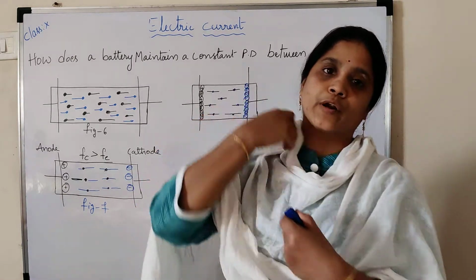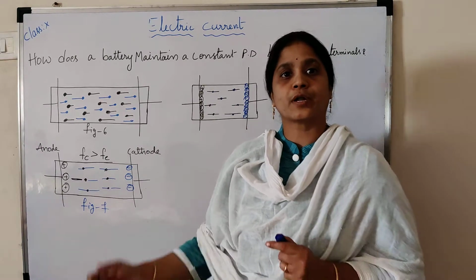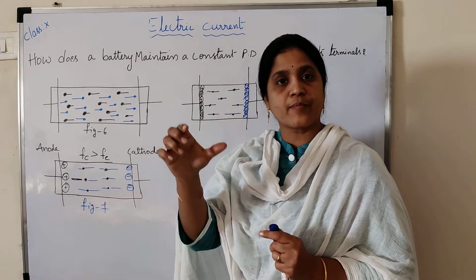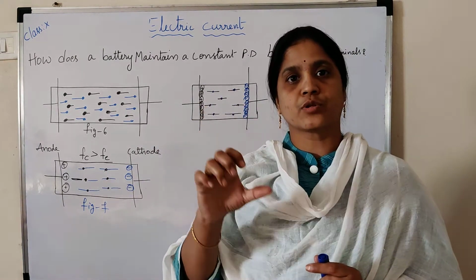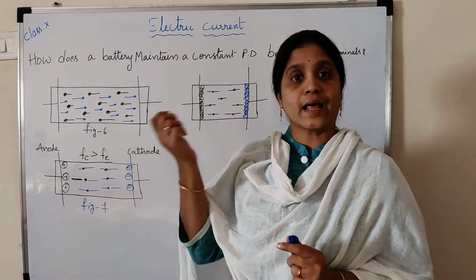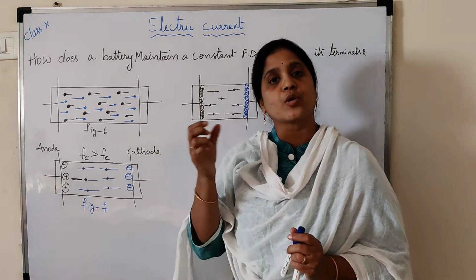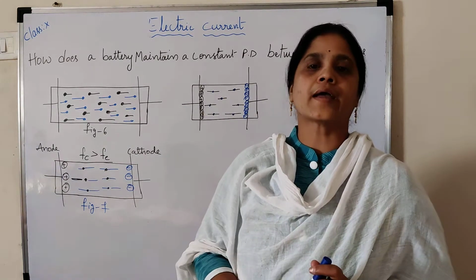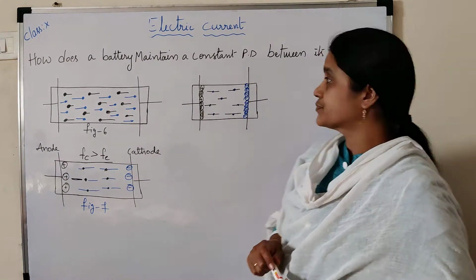An electric field is developed from the higher potential to the lower potential, and the electrons start moving from the lower potential to the higher potential.